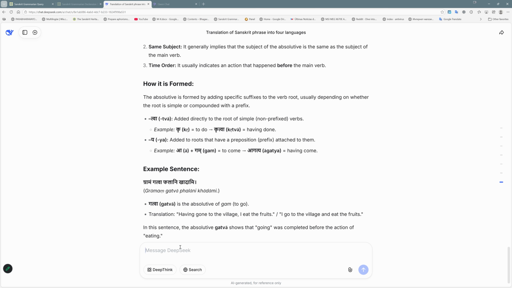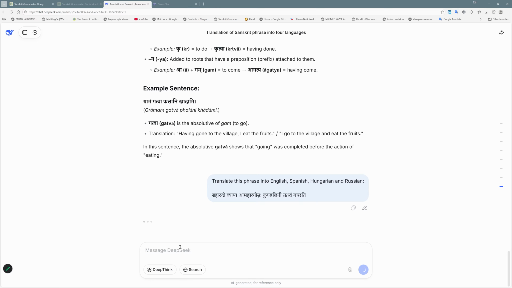Hello, DeepSeek. Translate this phrase into English, Spanish, Hungarian, and Russian. Poor guy, he will suffer.